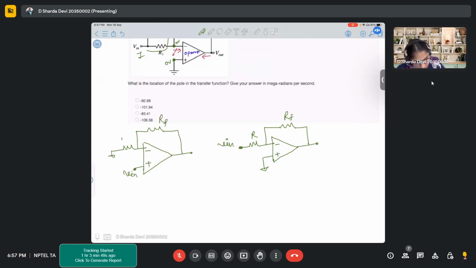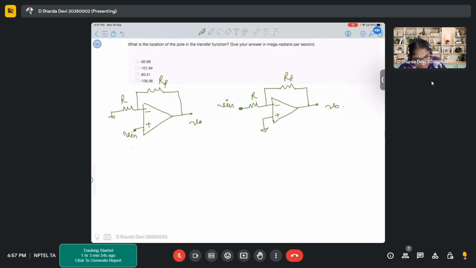So this is non-inverting, and this is inverting configuration.